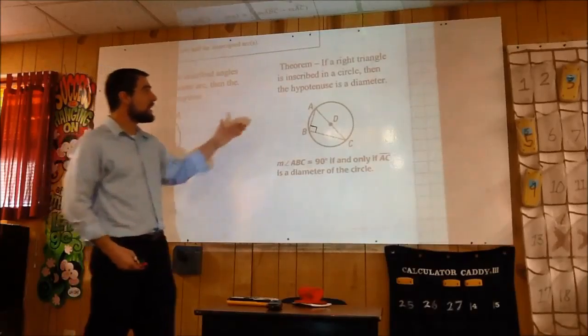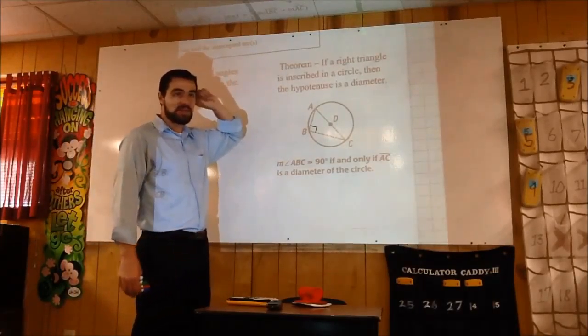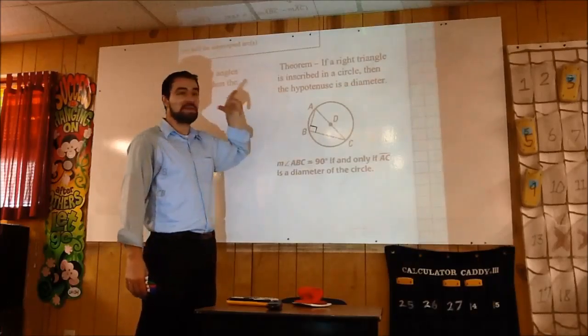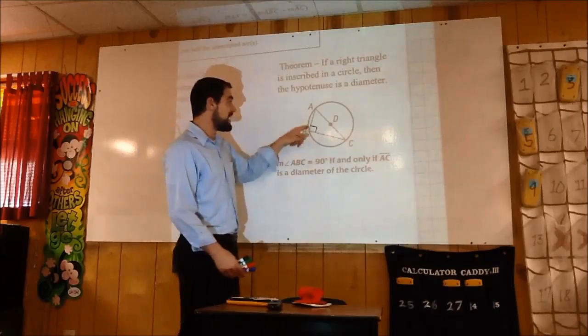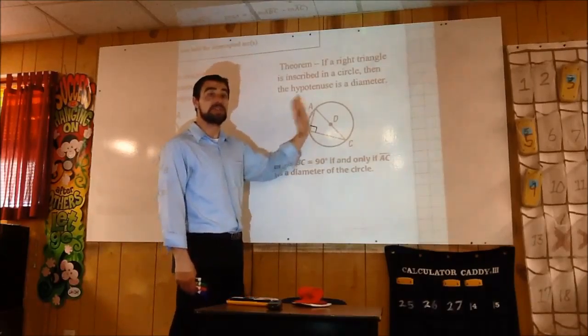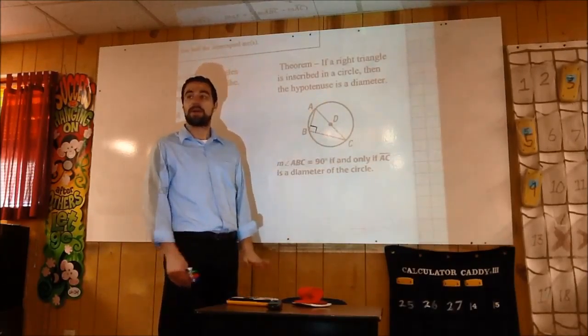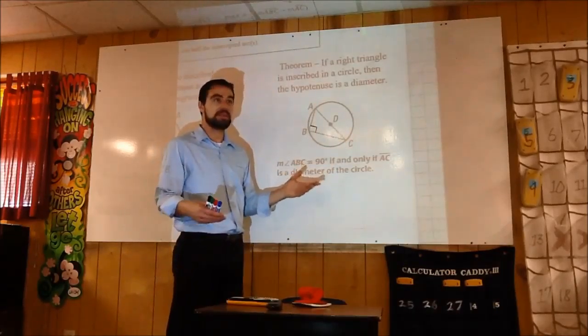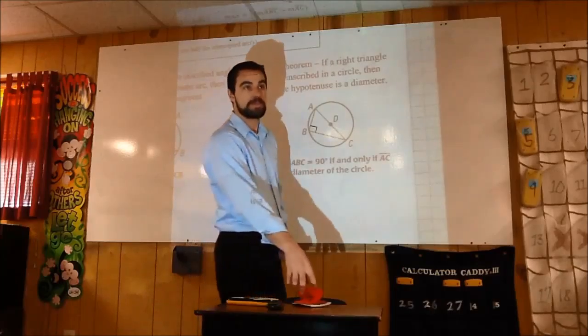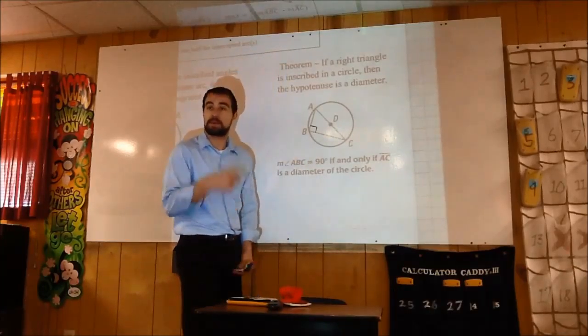So the theorem says that if a right triangle is inscribed in a circle, then the hypotenuse is a diameter, because that 90-degree angle is going to intercept a 180-degree arc every single time. So that means those two endpoints, if you connected them, it'd have to be a diameter, because diameters create semicircles.